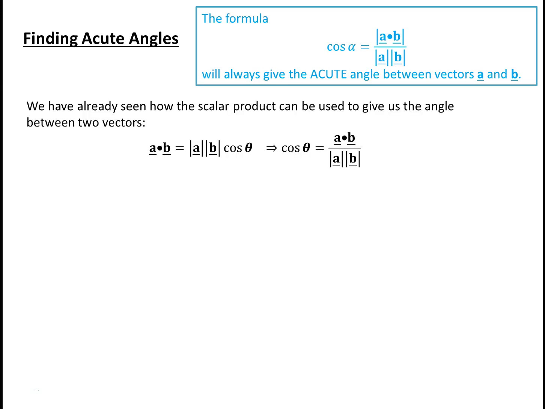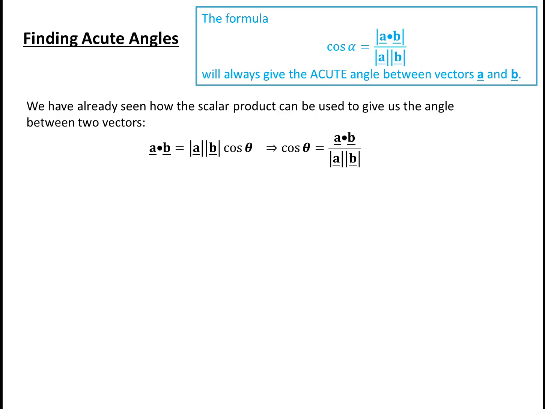We already have seen how the scalar product can be used to give us the angle between two vectors. We know the scalar product is defined by A dot B is the length of A times the length of B times the cosine of the angle between the two vectors.